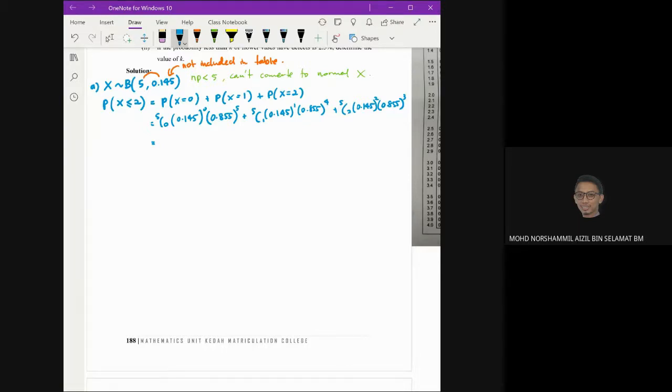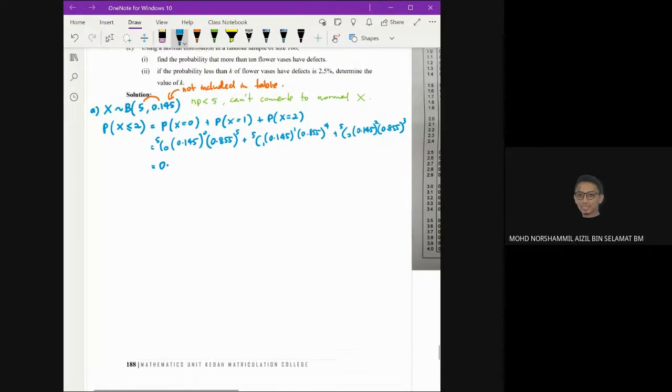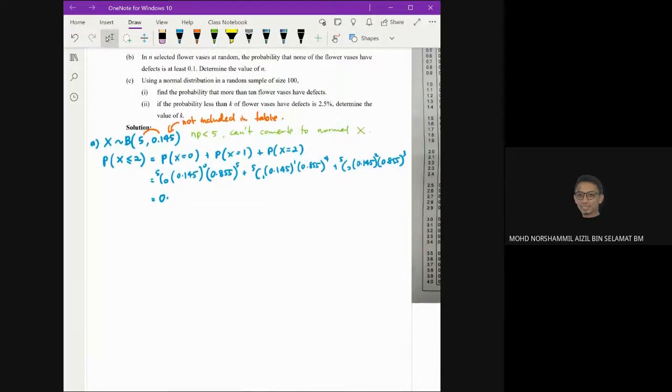Bagi jawapan tu lah. 0.9757. 57 or 58? 57 lah. 9757. Okay. Alright. So take a look at part B guys.